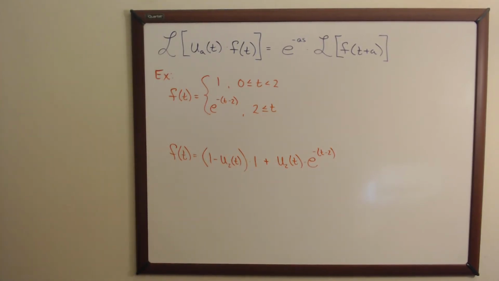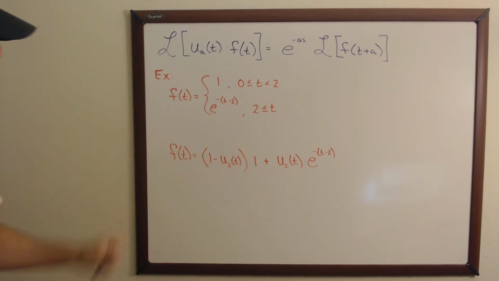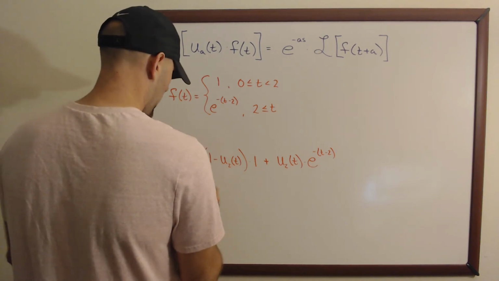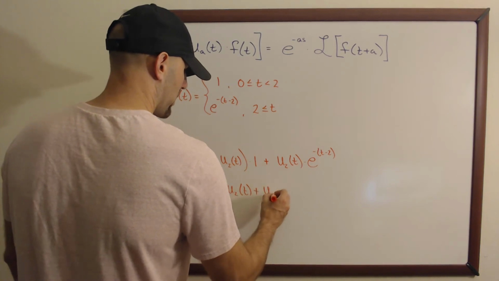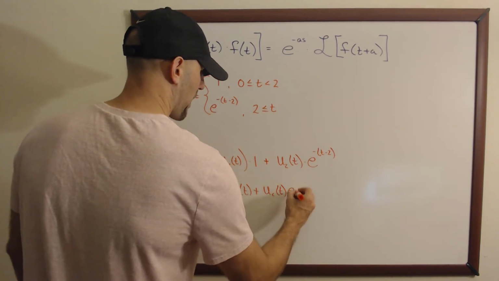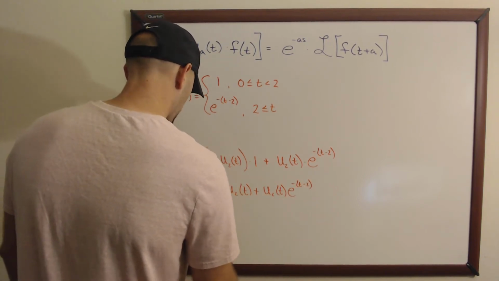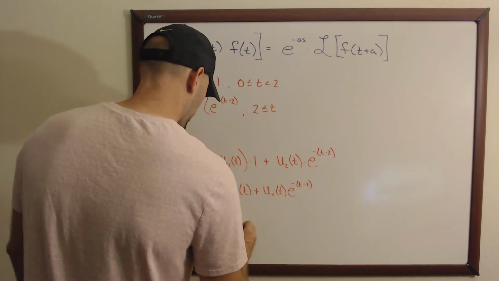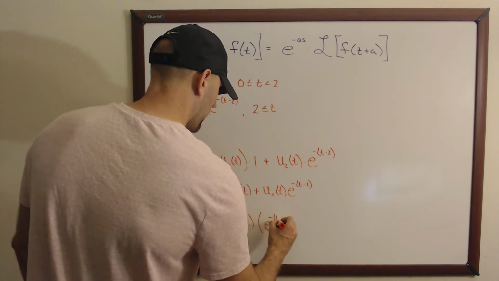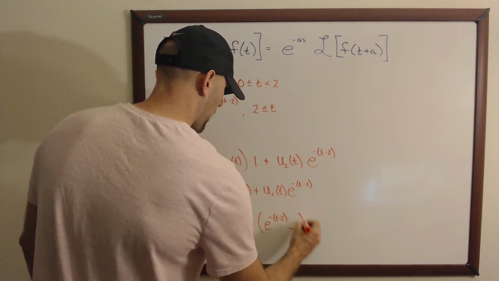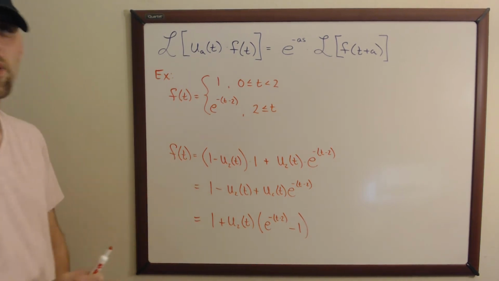Now this is not the form I wanted. I want all my unit step functions grouped together in the same spot. So this is 1 minus u sub 2 of t plus u sub 2 of t times e to the negative t minus 2. I'm going to take the u sub 2 of t out of these two terms, and what I get is 1 plus u sub 2 of t times e to the negative t minus 2 minus 1. This is what I'm going to use for f of t.